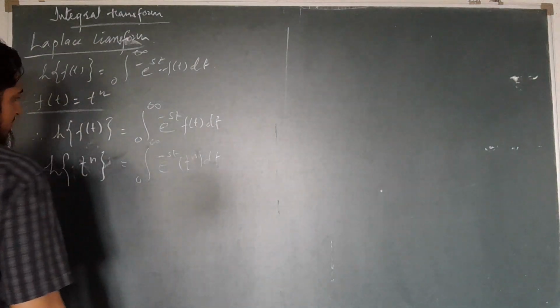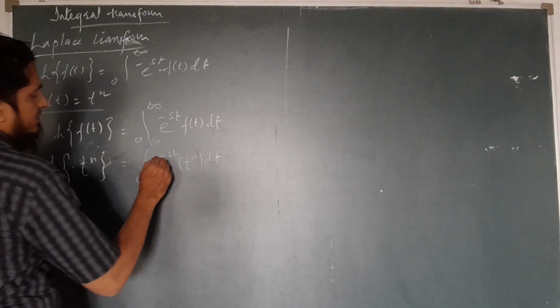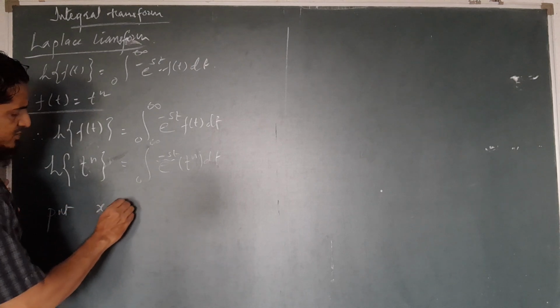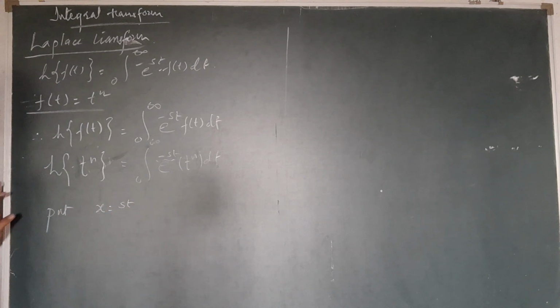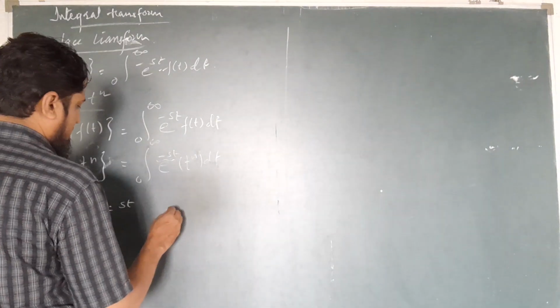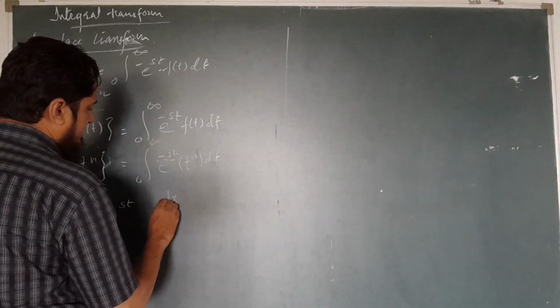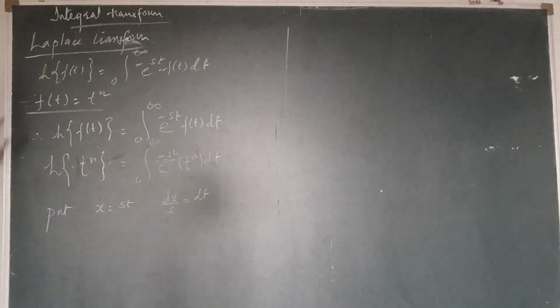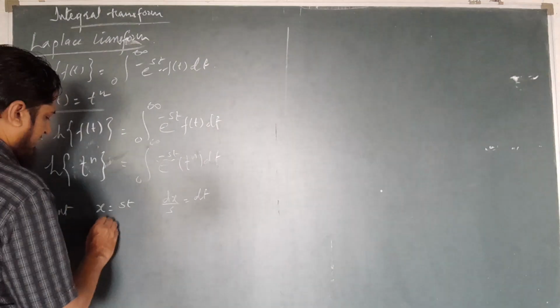Now, if we put x is equal to st, correct? We want dt, so dx by s is equal to dt, correct? And t is equal to x upon s.